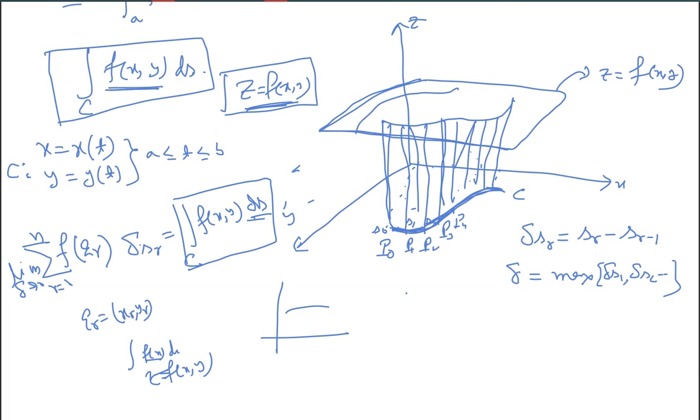Okay, now if it is given, integrate f of x, y with respect to x along the curve C, these two are different. I'm writing here with respect to x.